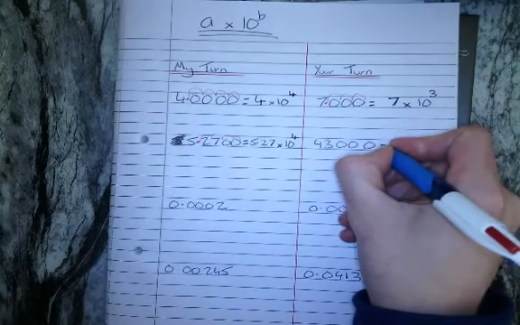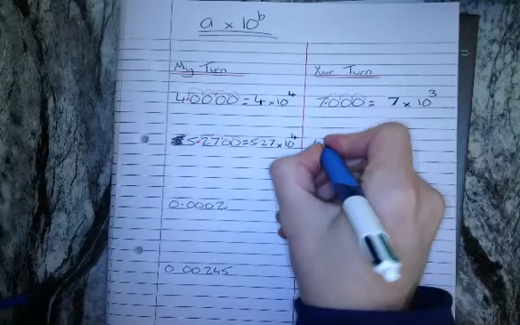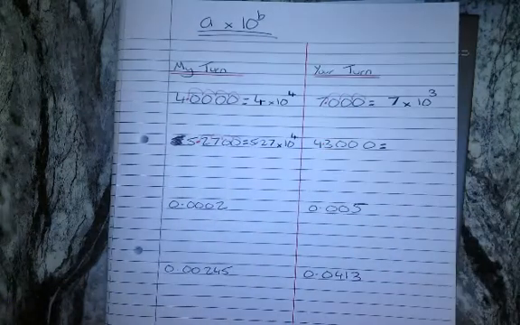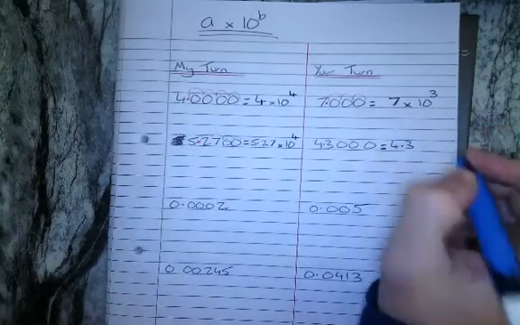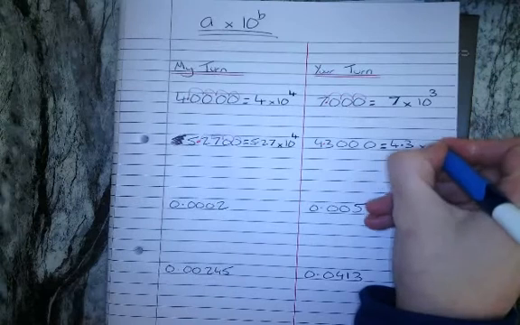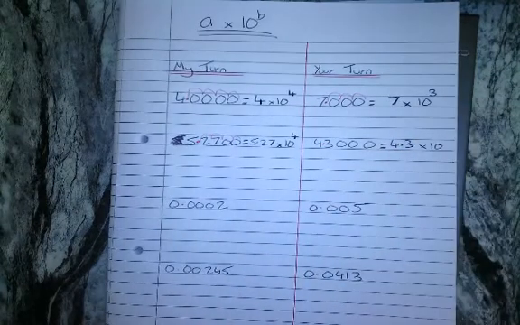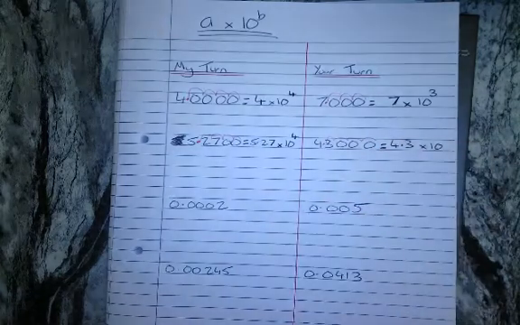Okay, well done. So we'll mark that. Okay, so we want to put the decimal point there, which gives me a first number of 4.3. And then it's going to be 4.3 times 10 to the power of 4.